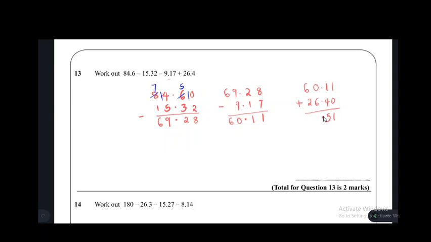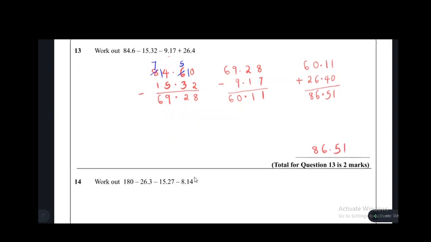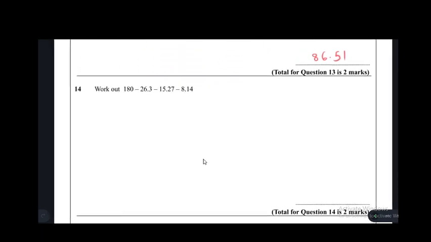And then we bring down the decimals. Guys, don't forget about the decimals. 0 plus 6 is 6, and then 6 plus 2 is an 8. Alright, so we have our answer as 86.51. Moving on to number 14.